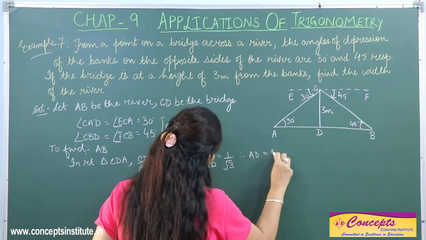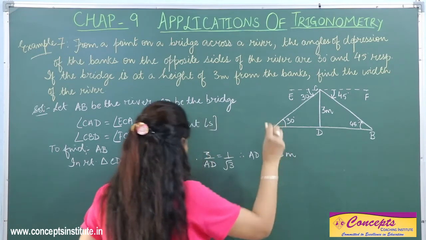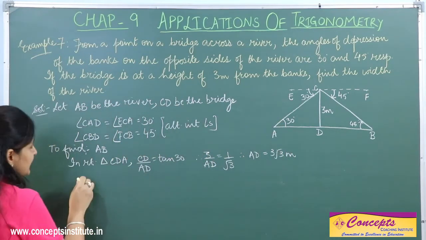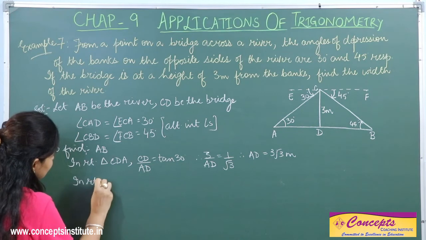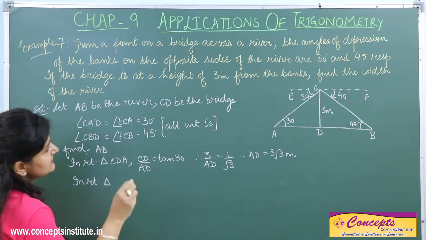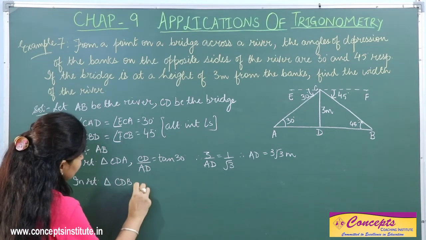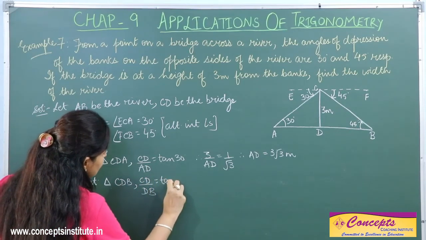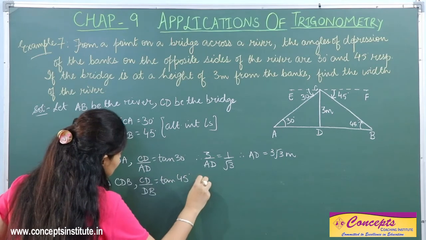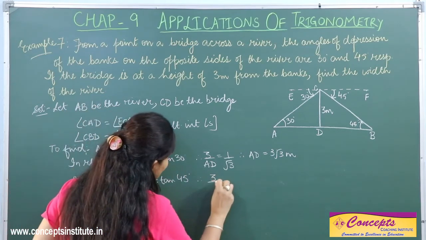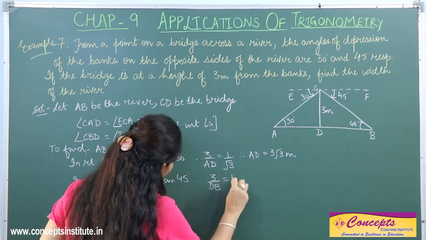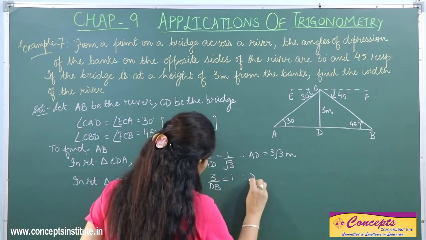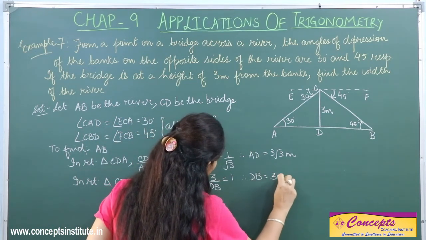So AD would be 3 root 3 meters. Now in right triangle CDB, what do we have? CD upon DB, this is equals to tan 45. So therefore 3 upon DB and tan 45 is 1. So therefore we get DB also as 3 meters.